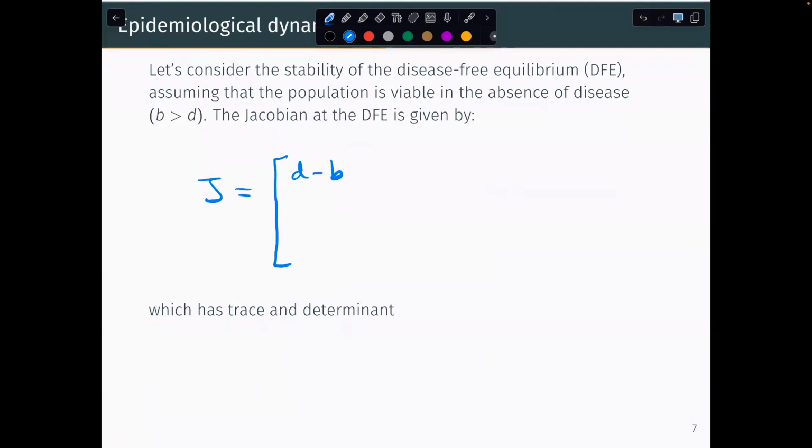We get something that looks like this. We have D minus B in our top left element. Top right, we have minus S star times brackets (BQ plus beta). In the bottom left, we have 0. And in the bottom right, we have beta S star minus D plus alpha. Sorry, minus alpha.